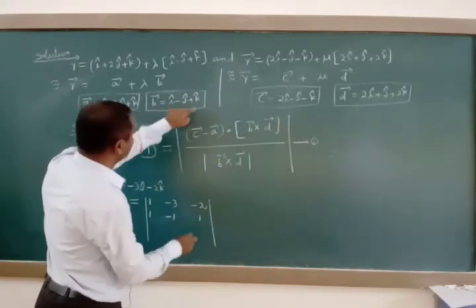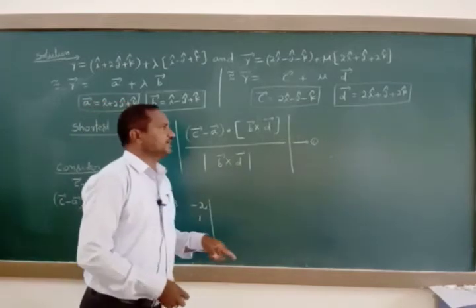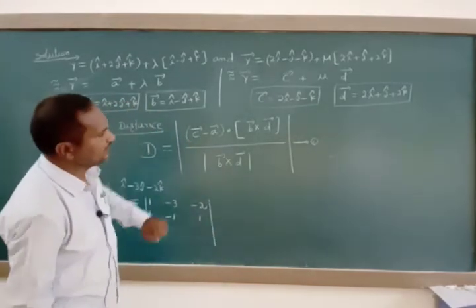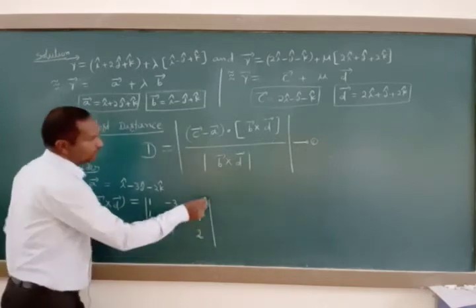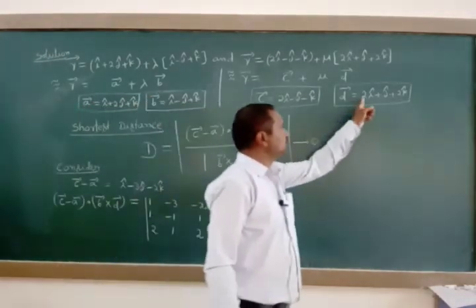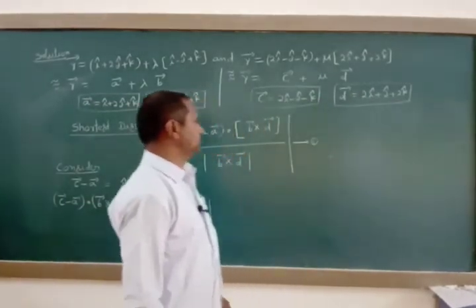From d vector, the coefficients are 2, 1, 2, because the i cap coefficient is 2, j cap coefficient is 1 and k cap coefficient is 2.